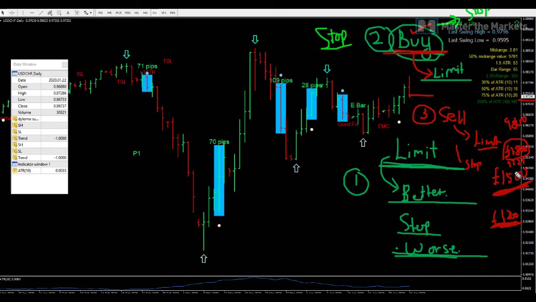If I want to sell worse than that, then it would be 9,600. Why would I want to sell worse than that? Again, the same principle: for some momentum to kick in and for us to be entered into the particular trade. So that is a sell limit and a sell stop. Hope that makes sense.